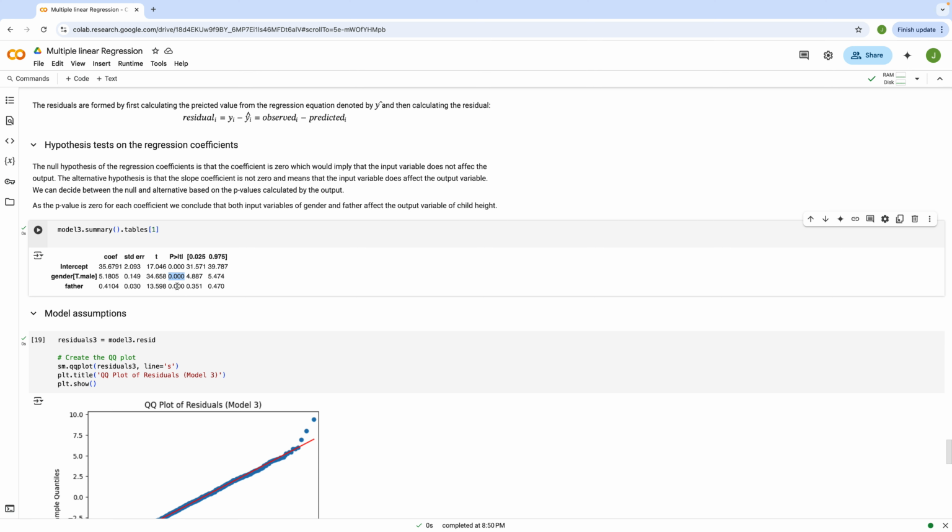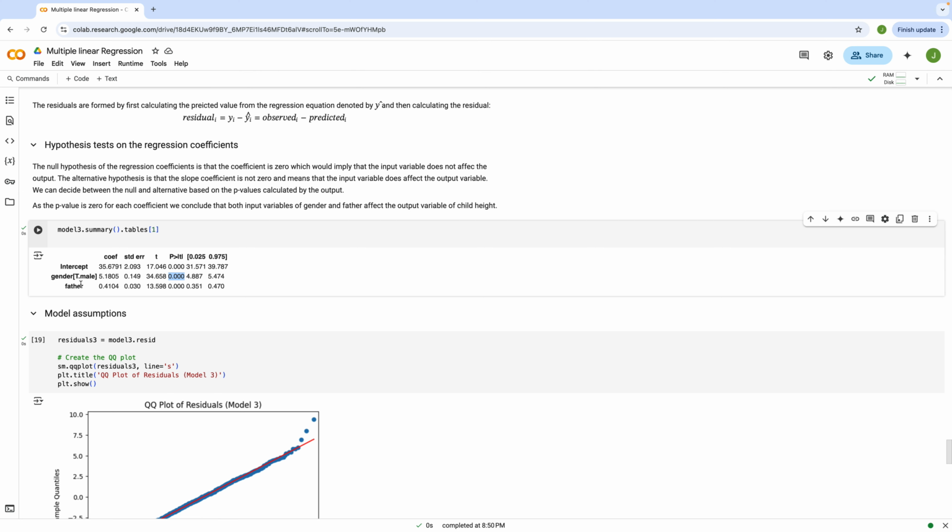The same for father. That tests the null hypothesis. So the null hypothesis is that that variable does not affect the output. The alternative is that it does affect the output.